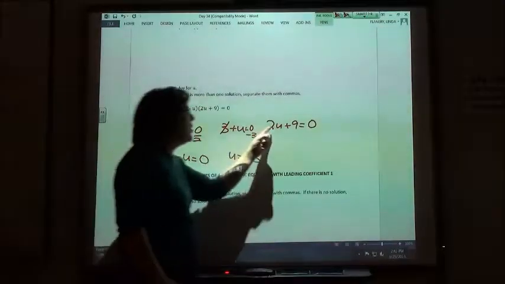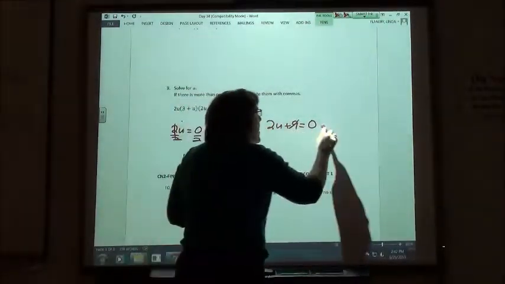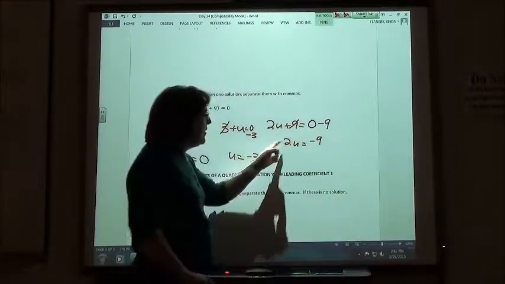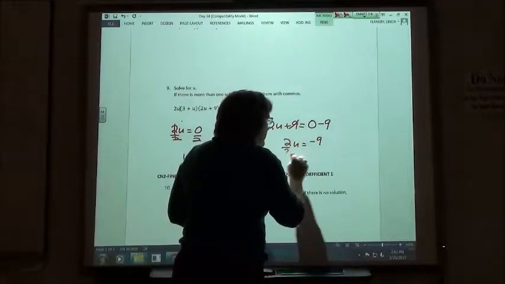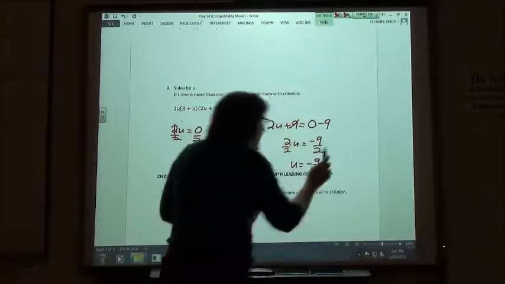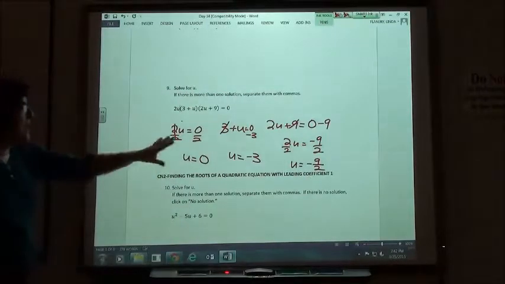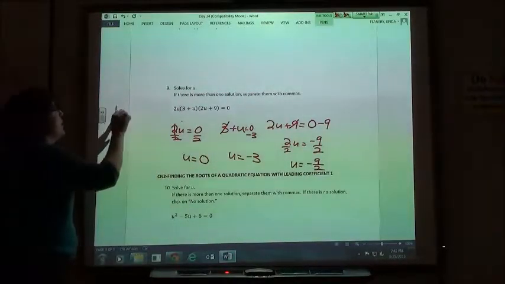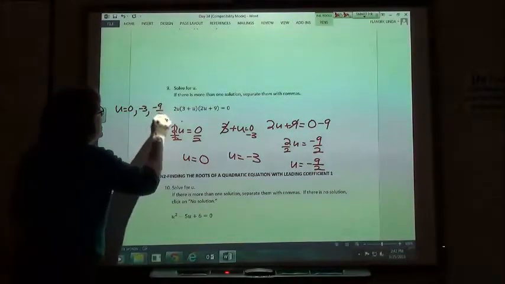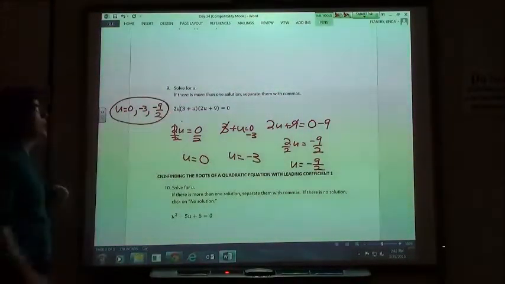And then if I have this one here, I have to minus my 9 first. 2u equals negative 9. And then I have to divide by 2. This one I can't simplify other than I write it as negative 9 halves. So in this case I end up with 3 answers. U could equal 0, negative 3, or negative 9 halves. And I put them all in.